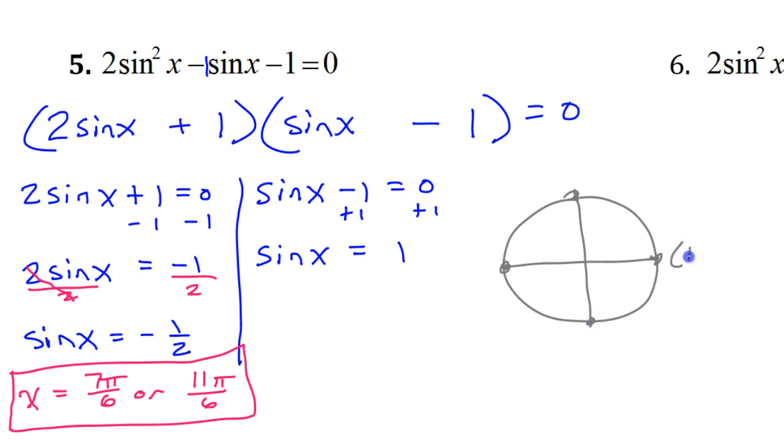Okay, so we have 1, 0, 0, 1, negative 1, 0, and 0, negative 1. If we want the sine to equal 1, sine is the y value on the unit circle. So I'm looking for y values that are 1. And boom, that's the only one we've got. So that's why the only solution to this equation is going to be x equals pi over 2.